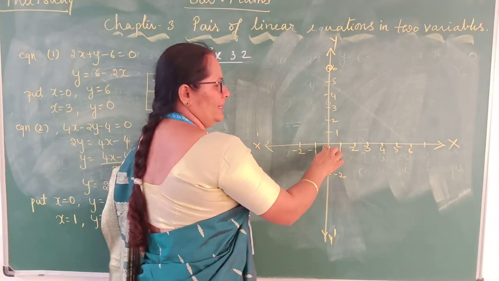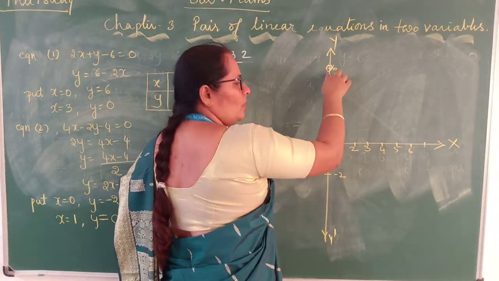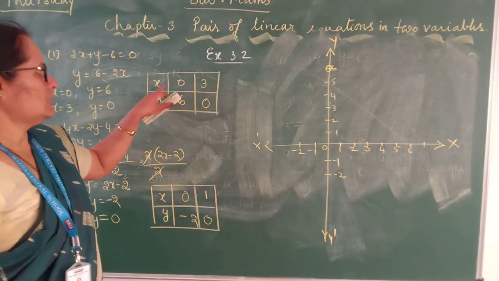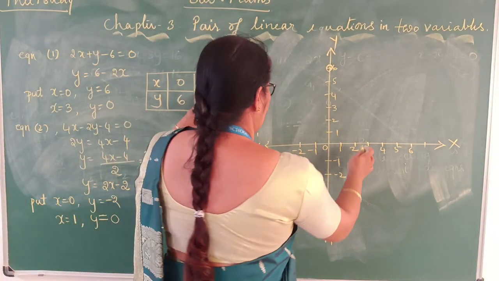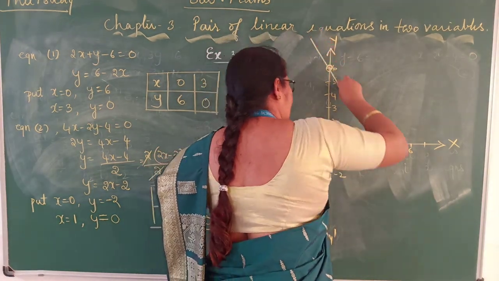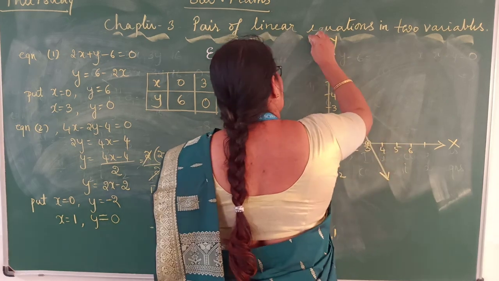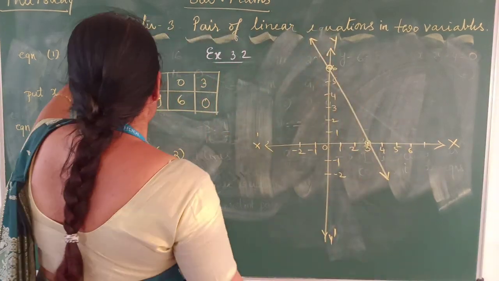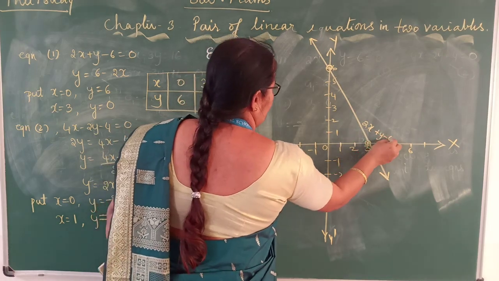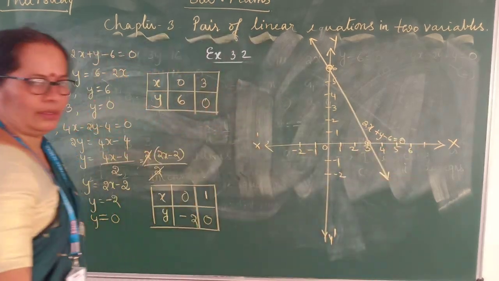When the x coordinate is 0, then the y coordinate is 6. Then when the x coordinate is 3, then the y coordinate is 0. So join these 2 points. So this line is for the first equation, 2x plus y minus 6 equals 0.